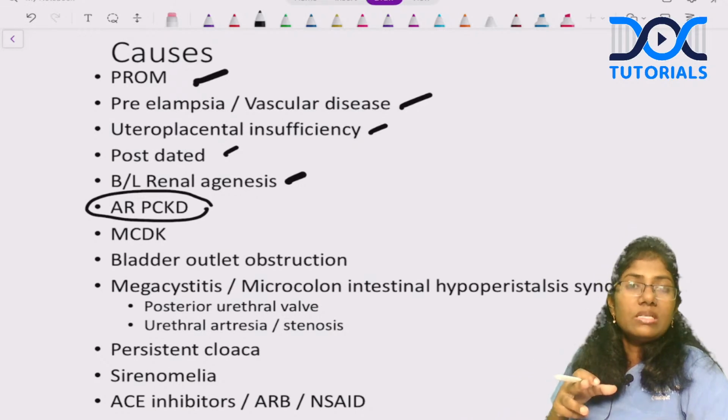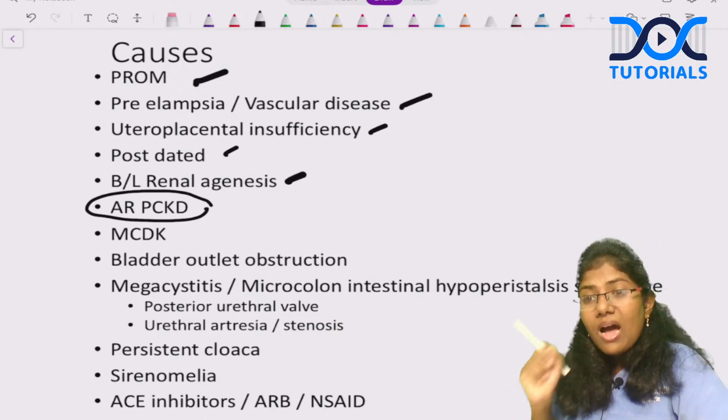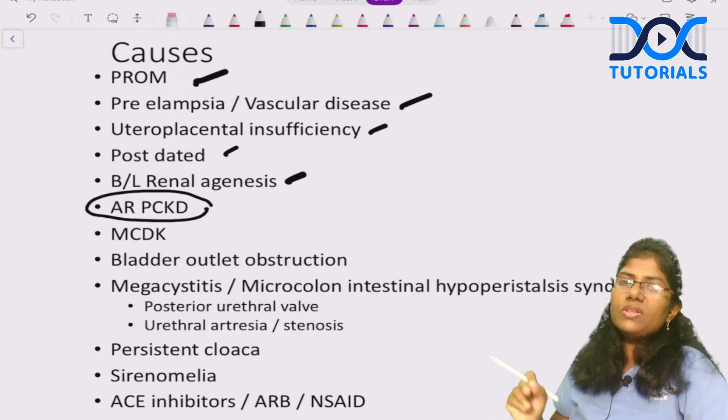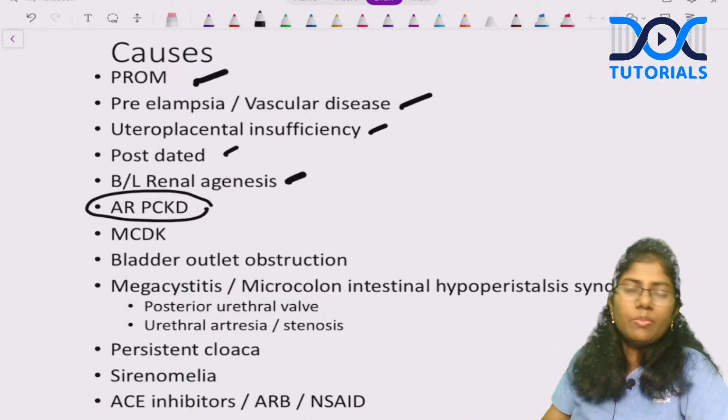But then autosomal recessive versus autosomal dominant, which manifests in the fetal period? Autosomal dominant polycystic kidney disease manifests only in adulthood. Right? So, ARPKD, autosomal recessive polycystic kidney disease, is the one that leads to oligohydramnios and not ADPKD.